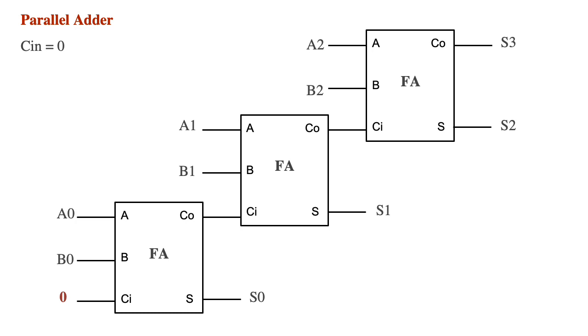So the same goes here in binary numbers. The first carry in by default is always going to be 0, and the rest will be as it is in the previous slide.